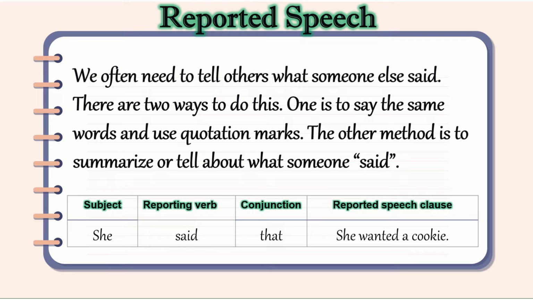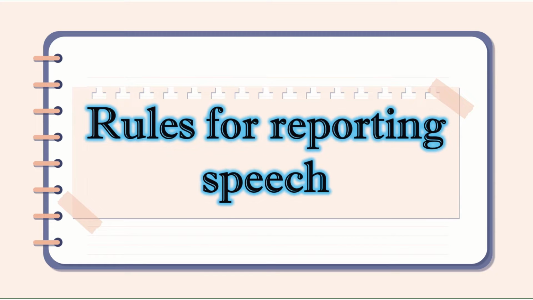So this is a reported speech sentence. But when you want to say the same sentence in direct speech, you will say, I want a cookie. So if you want to say it in reported speech, you say, she said that she wanted a cookie.